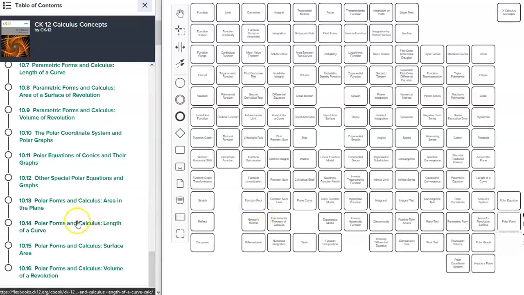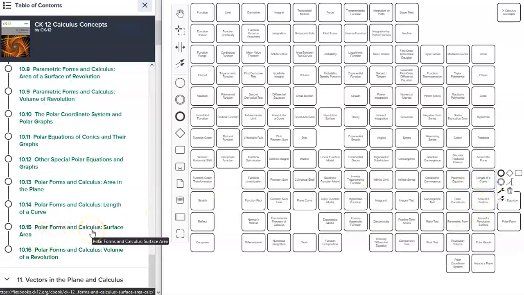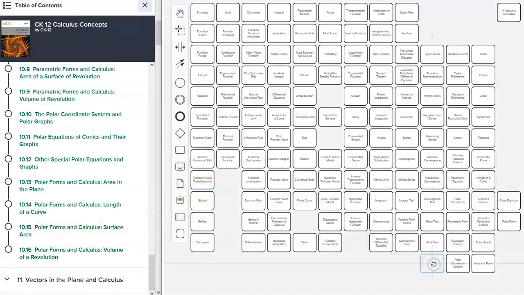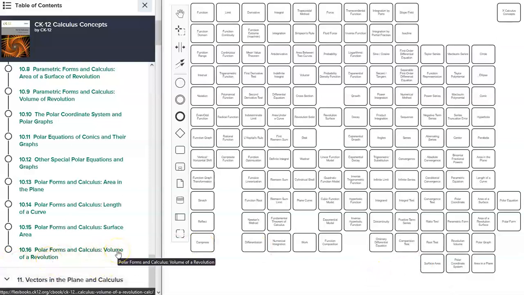I like the word form. Area in the plane. Length of a curve. Surface area. It's actually surface area would be rather important. And the revolution volume, but working with polar forms. Awesome. Okay.